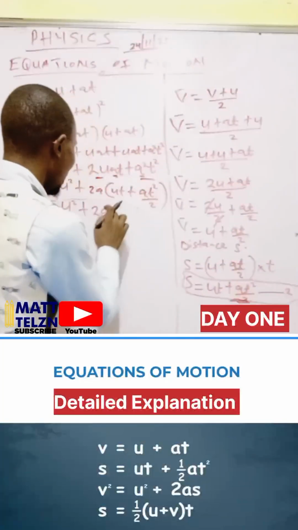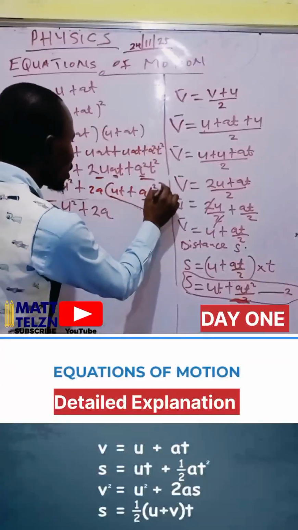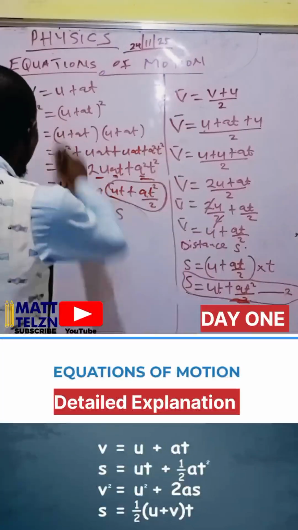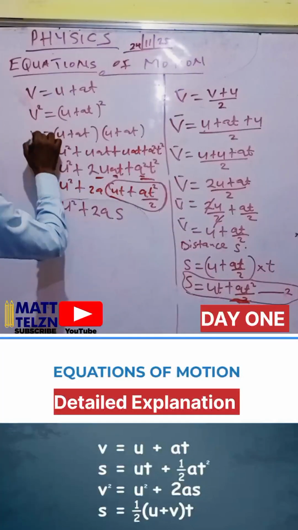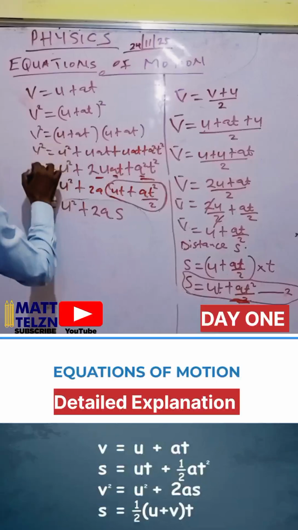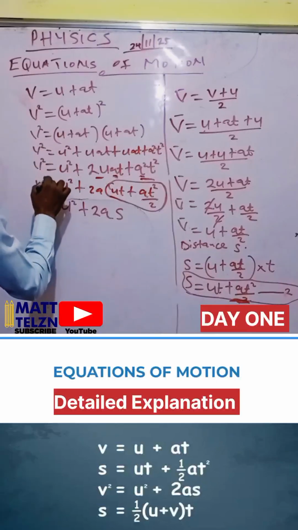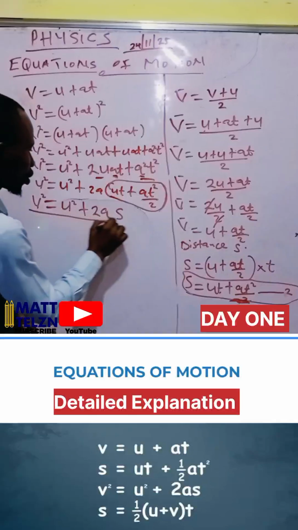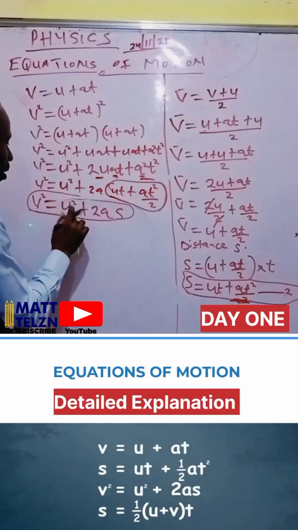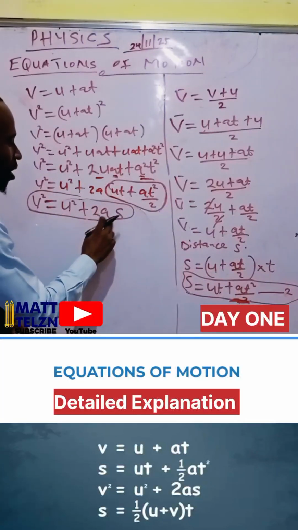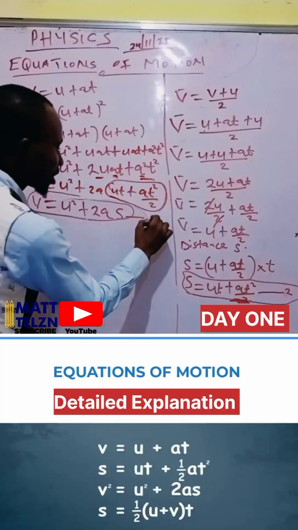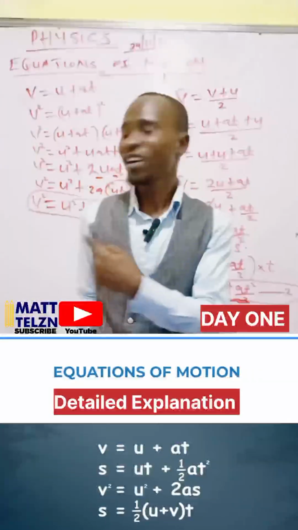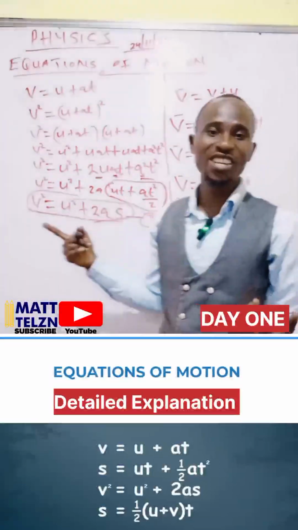So very simple. I'm going to replace everything here with my distance s. So everything here we have been doing v squared. That means v squared is equal to u squared plus 2as, which is my distance. This is our equation 3, right?